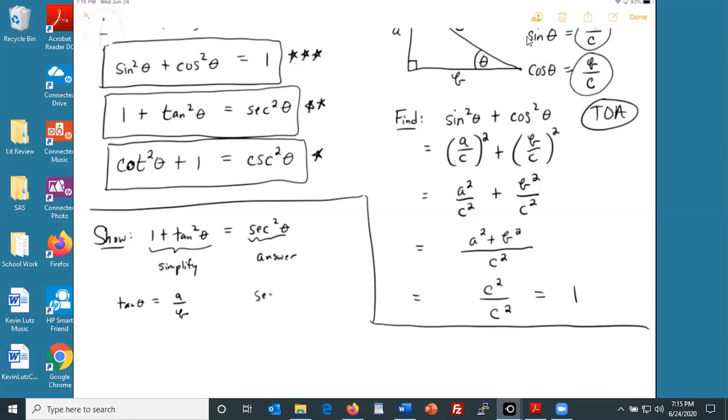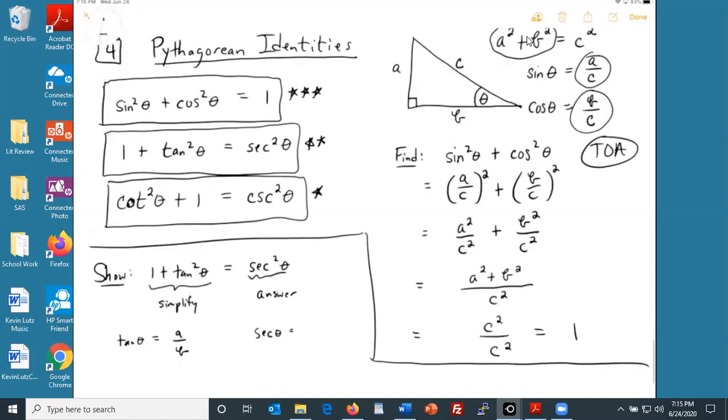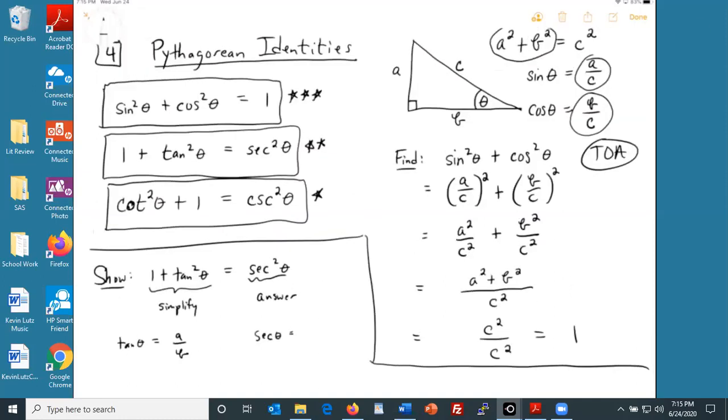What is the secant from the triangle? Remember, the secant's the reciprocal of cosine. So what we should see is the reciprocal of this, C over B, but squared. So we should predict that our answer is going to be C squared over B squared.